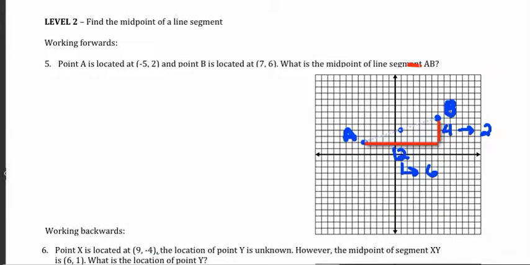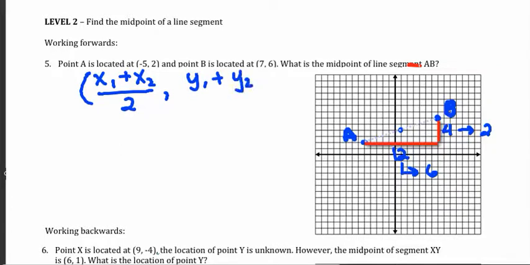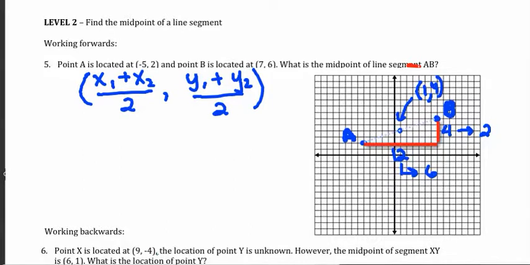In order to do that, you add the two x coordinates, divide by 2, that gets you half of it, and you add the two y coordinates and divide by 2, and that gives you half of it. Now if we look over here, our answer was 1 and up 4. So let's see if this formula works.